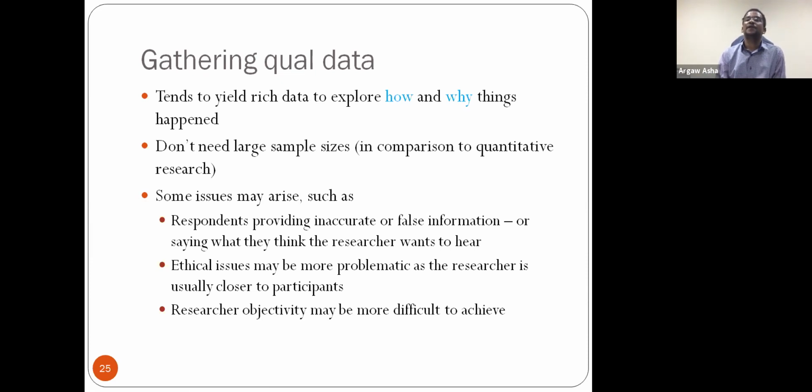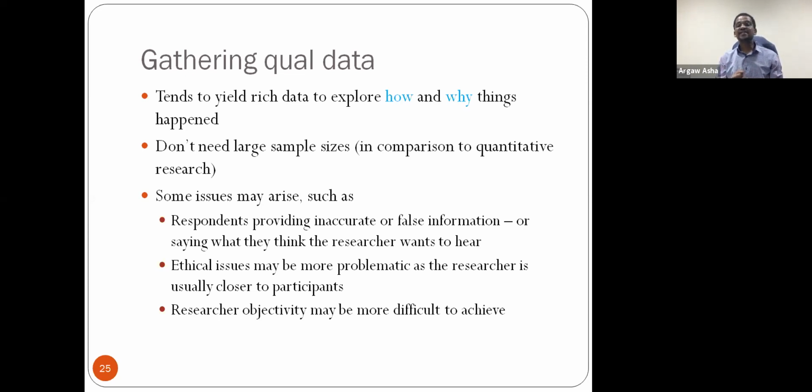And rather than focusing on a large sample, you can compare the data with quantitative methods and focus on respondents, whether they provide you inaccurate or false information. If you collect some forms and come up with that, that is not a good way.